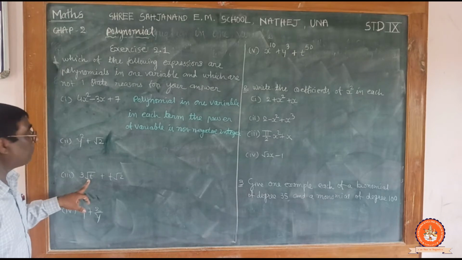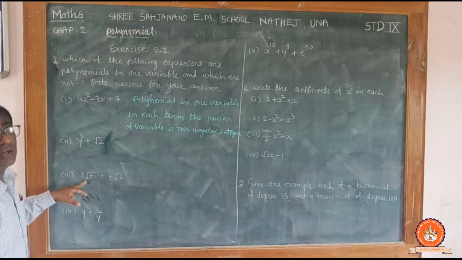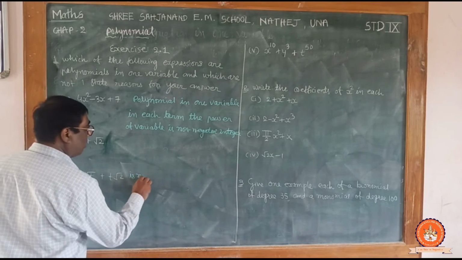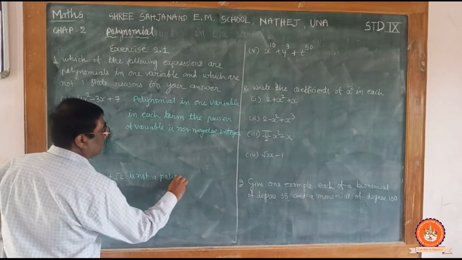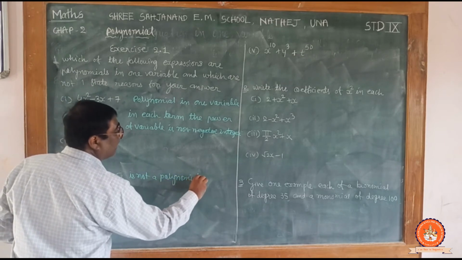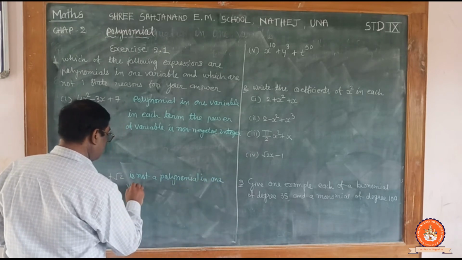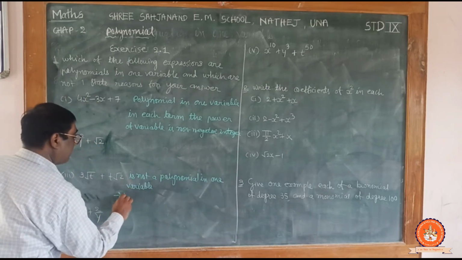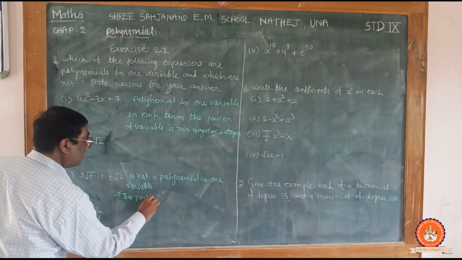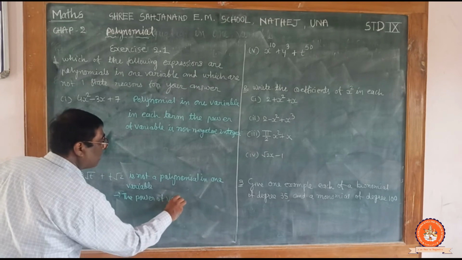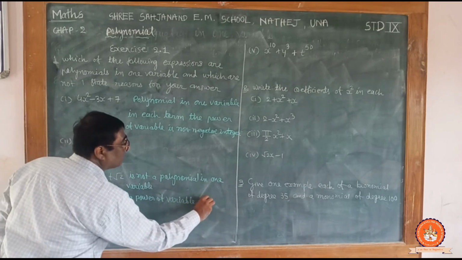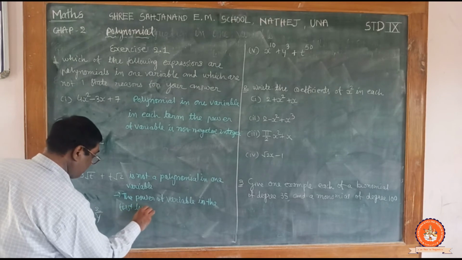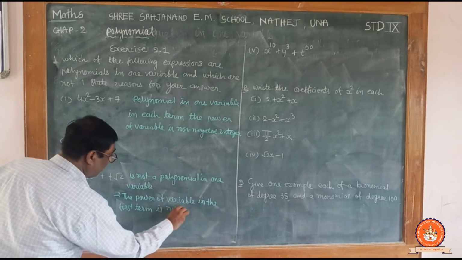So here the power is not an integer, and that is why it is not a polynomial in one variable, because the power of the variable in the first term is not an integer.